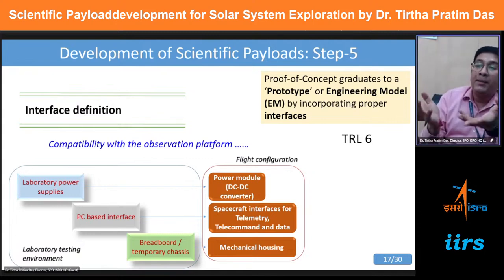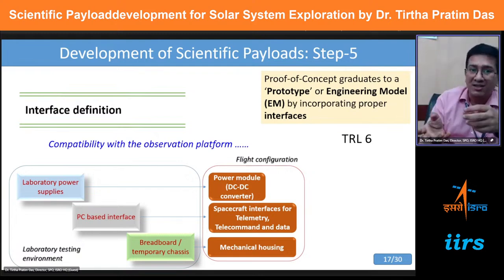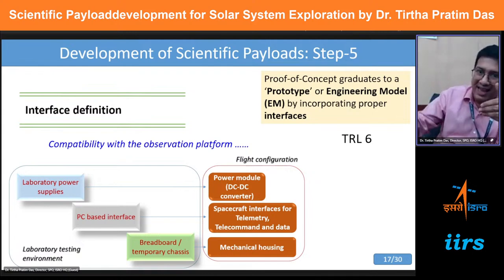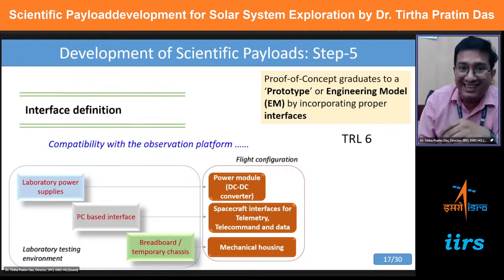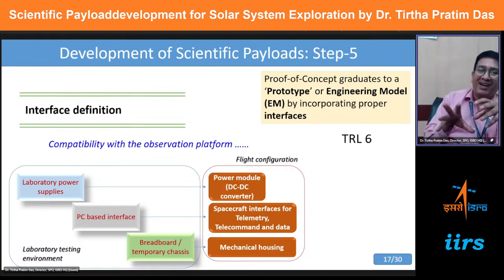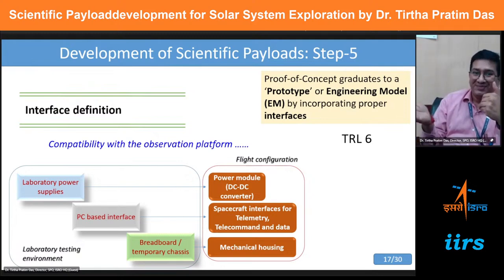In the space environment, you have to replace it with a DC-DC converter. You must have used a computer to take data from the instrument. But you cannot send a PC to space, right? You have to have an interface which is called the data interface, spacecraft interface for telemetry, telecommand, and data.